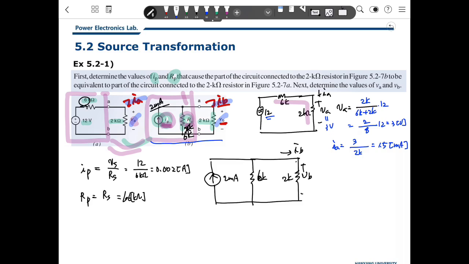Okay. Then first we need to find VB. What is VB? There is a 2 milliampere source and a resistor.